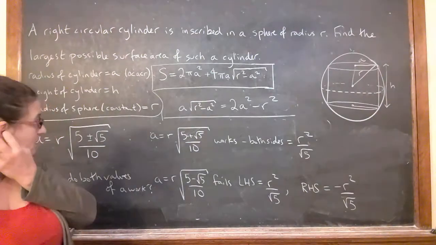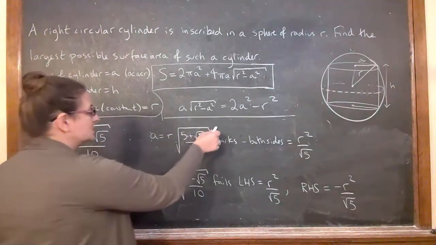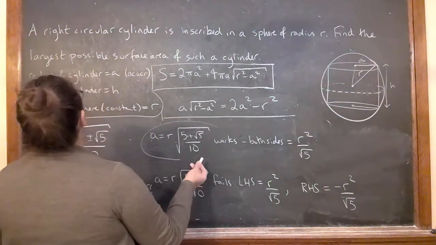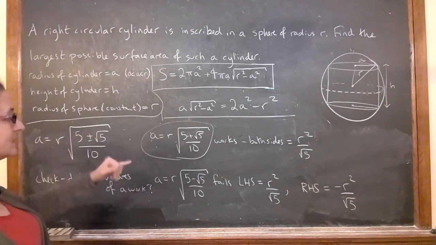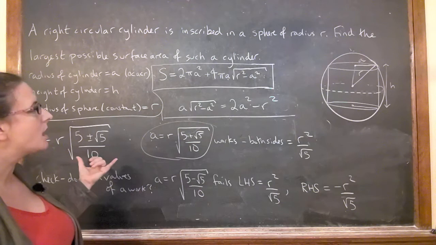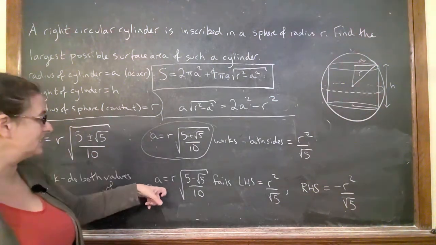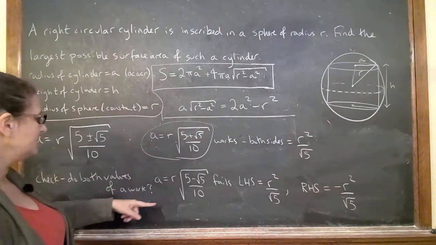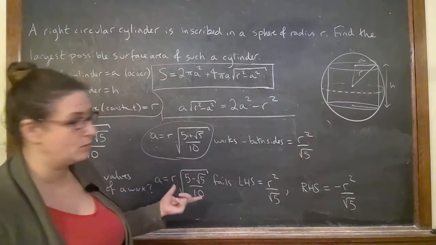That's what has happened. And in fact, it turns out that this is the right answer, and that is the maximum. This is the only critical point, in fact, because the other doesn't even solve it. So this minus is a spurious answer. It's not a critical point.